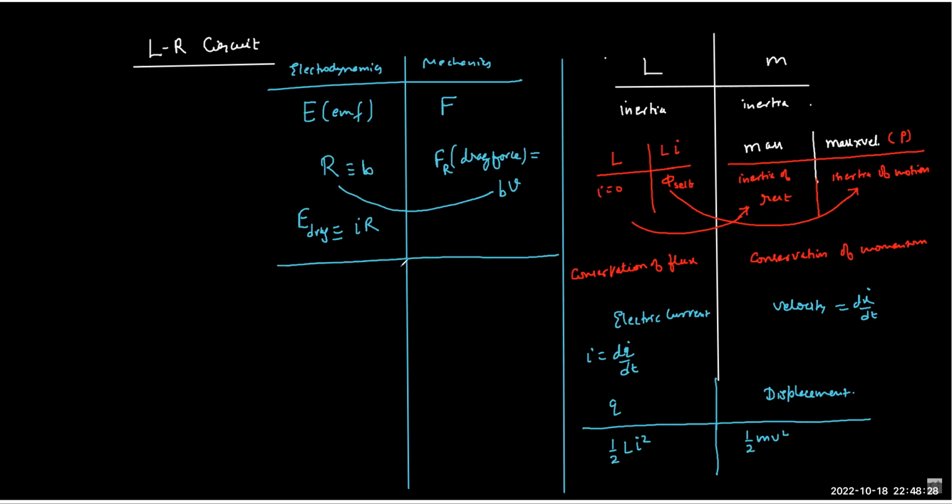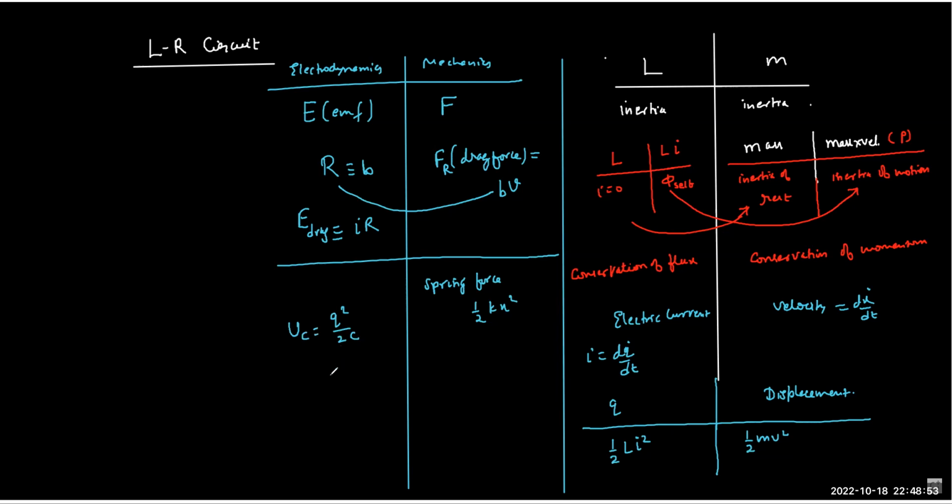Then you can correlate things like spring force. Half kx square. And if you remember, the x, displacement, is like charge. So x square becomes q square, and k becomes 1 by c.